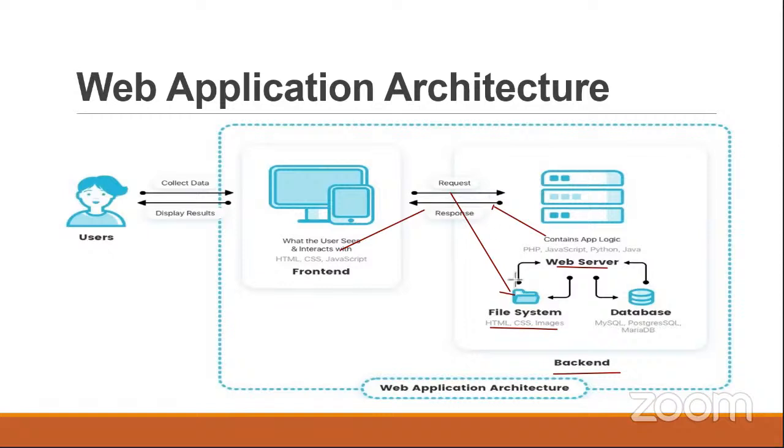If the file system does not find the requested file, it reaches the web server, and in the web server it finds a response. That response will be sent back to the client in the form of text, images, audios, videos, etc.